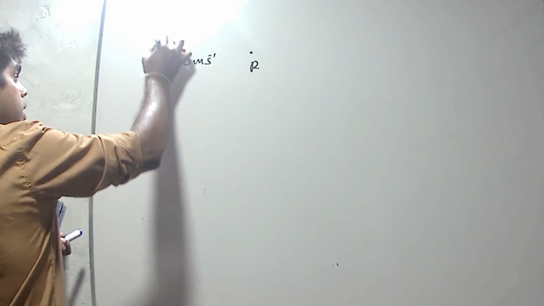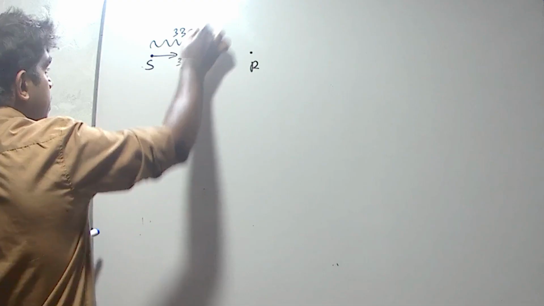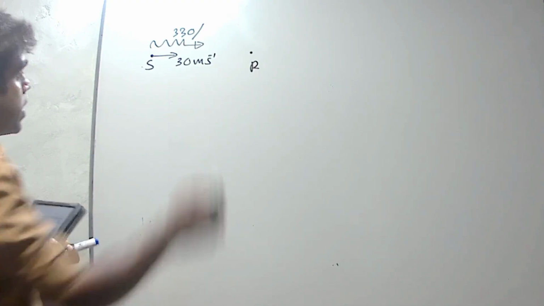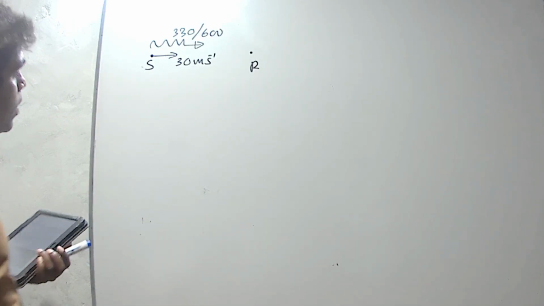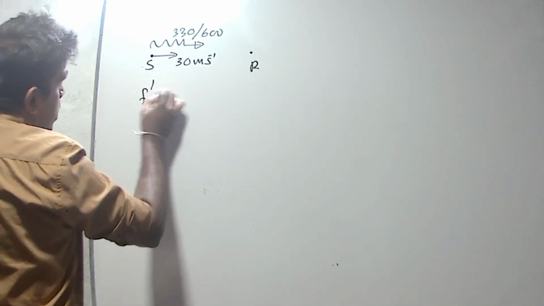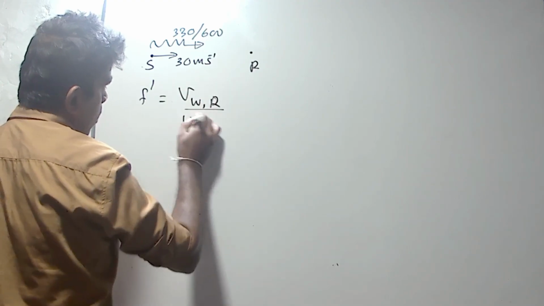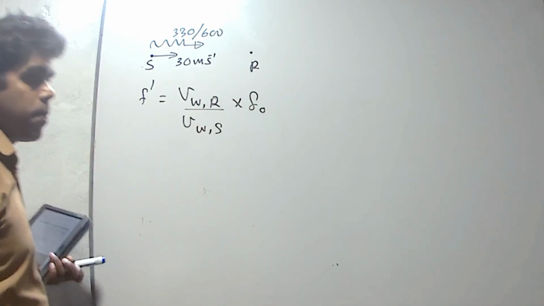Then I will consider the velocity of wave 330 and frequency 600 Hz. Then we can use the apparent frequency, velocity of wave relative to receiver divided by velocity of wave relative to source, multiplied by real frequency.